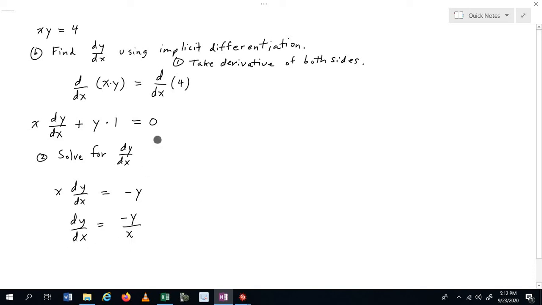Now, typically what's going to happen when you use implicit differentiation is you will be left with a derivative, like dy dx, written in terms of both x and y. The reason that's the case is because the reason we usually use implicit differentiation is because we can't isolate y. In the cases when we can't isolate y, we cannot use explicit differentiation, but we can still do it implicitly.